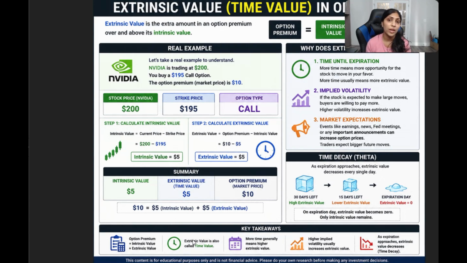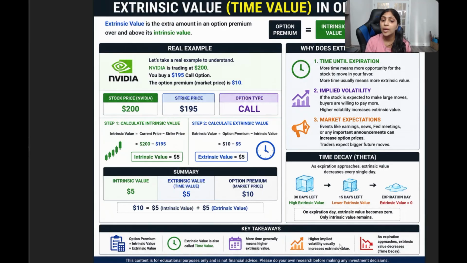Because we are giving more time for that stock to move higher, and more time generally means more price, more extrinsic value. That's why, as I showed earlier, 1 month out expiry is expensive, but 6 months out is even more expensive, and 1 year out even more expensive.